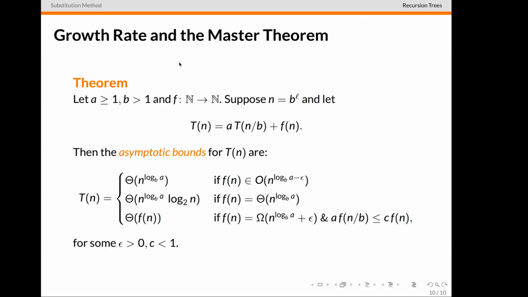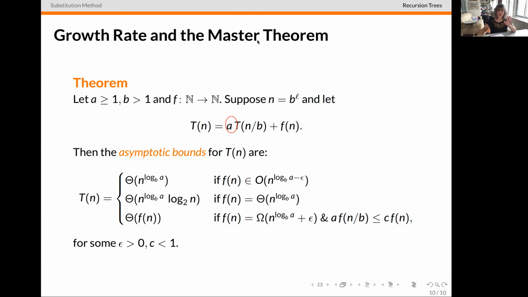And in this theorem, we have the same elements as we had previously. A will be as before, the number of children on each of the branches of the tree. So this is going to give us how many sub-problems we have for each of the problems. So this is the number A as before.